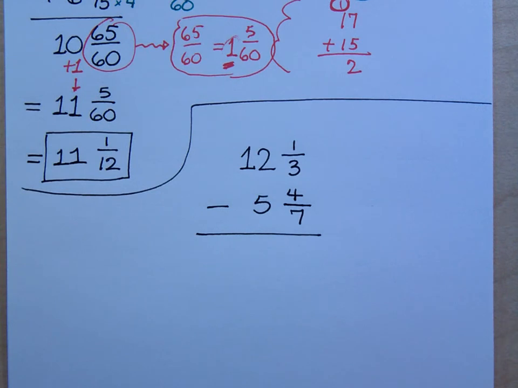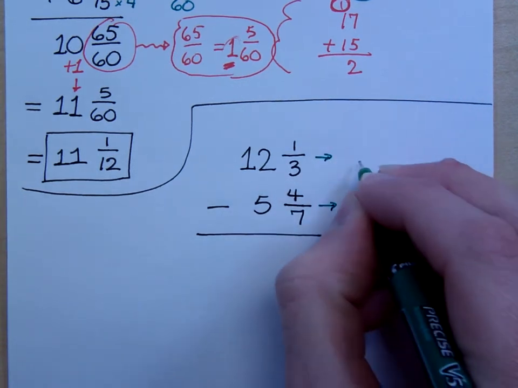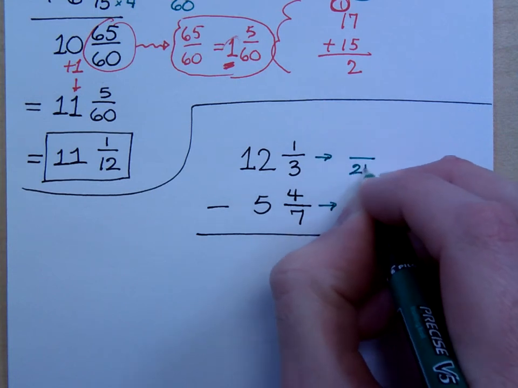I already lined it up in a column. I said, forget this. I'm tired of having to rewrite everything. Can you get a common denominator for those fraction pieces? What's the common denominator for 3 and 7? It's 21, right?